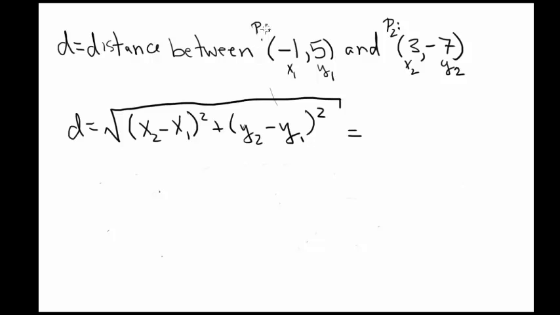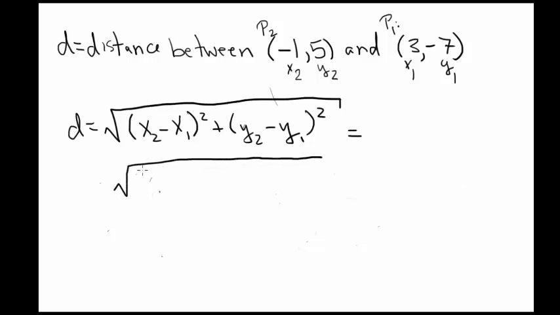What if instead I make 3, -7 point 1, and I make -1, 5 point 2? So that -1, 5 becomes x2, y2, and 3, -7 becomes x1, y1. Let's apply the formula to it.